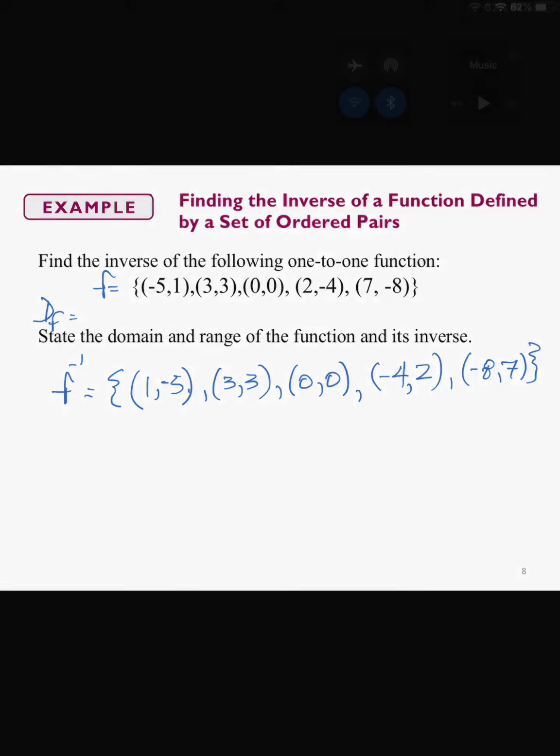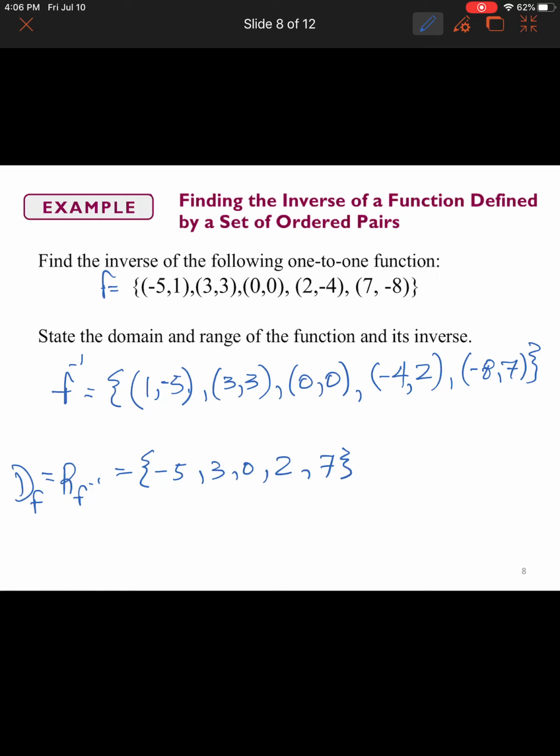We know that the domain of the original function equals the range of the inverse function. So we're gonna do two birds, one stone. Domain of the original function: -5, 3, 0, 2, 7. Is also the range of the inverse function.